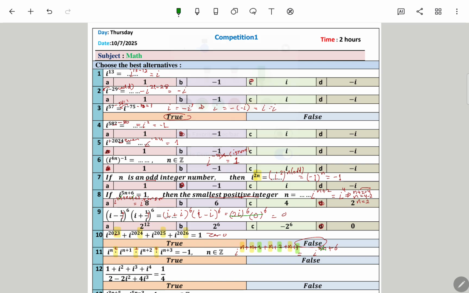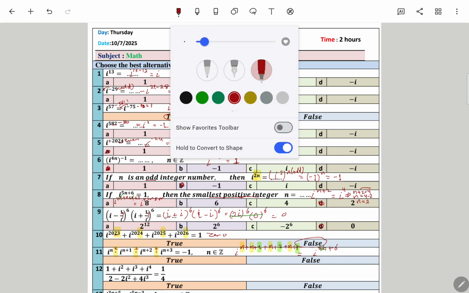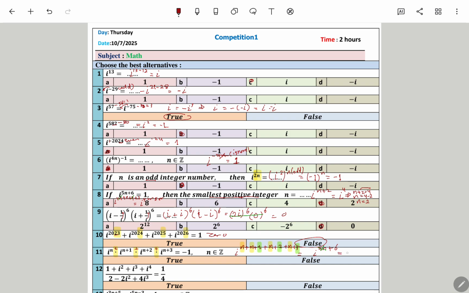And try to focus on i to the power of 6, which can be subtracted by 4, which is the closest multiple of 4. And that will give you i to the power of 2, which is negative 1. So the answer is true.